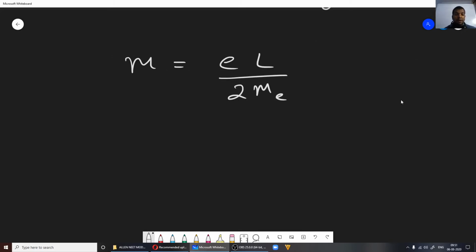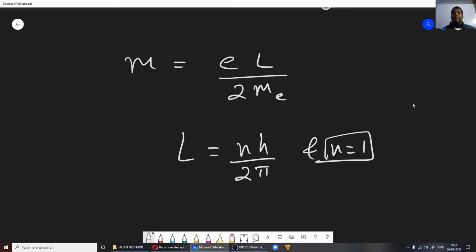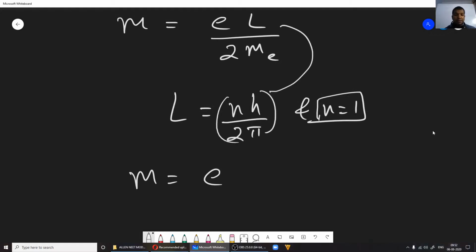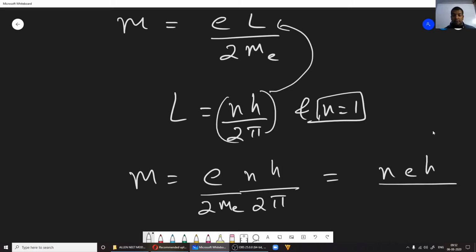According to Bohr's postulates, L is equal to nh divided by 2 pi, and n equal to 1 corresponds to the first orbit. Now in place of L, let us substitute this. We get M equal to e into nh divided by 2 pi into 2 Me. So finally we get n e h divided by 4 pi Me.